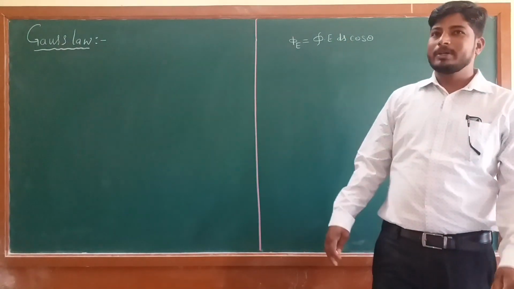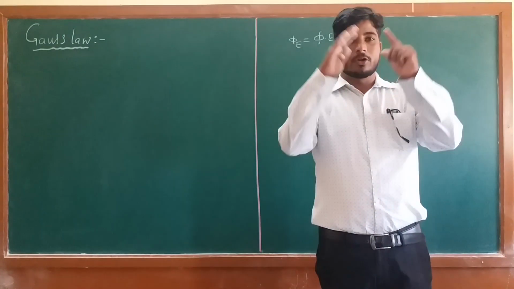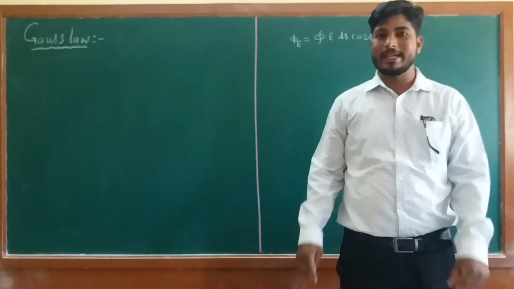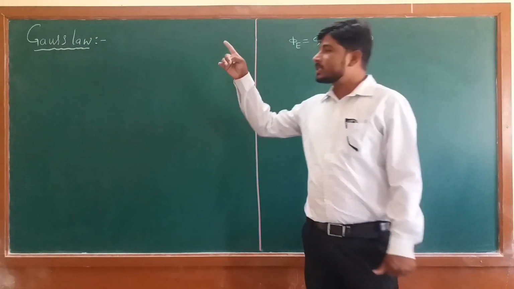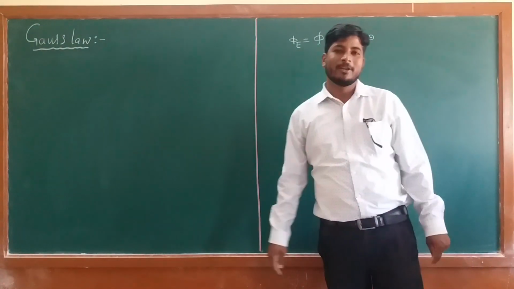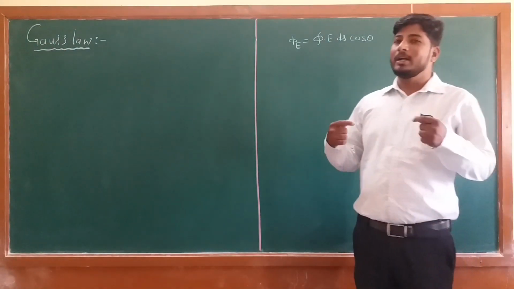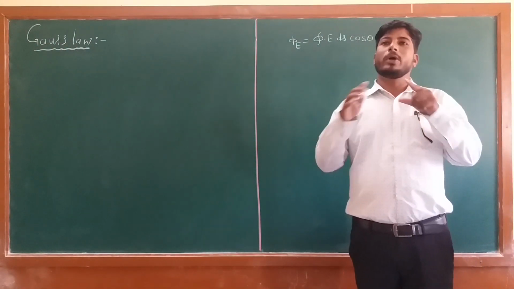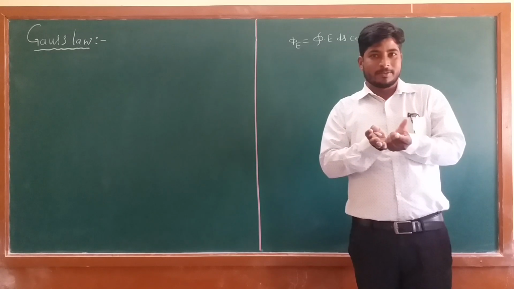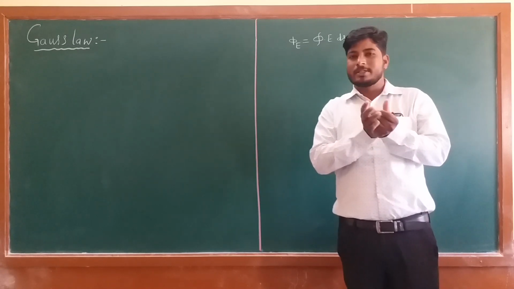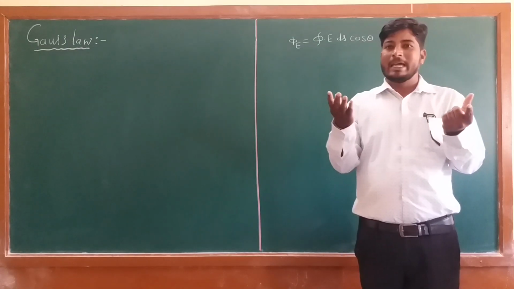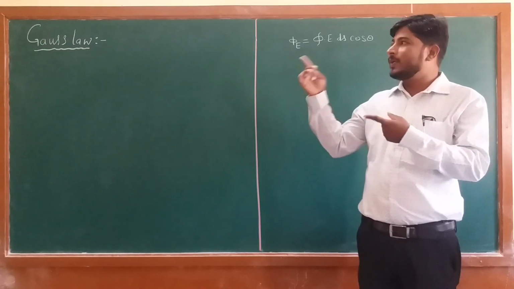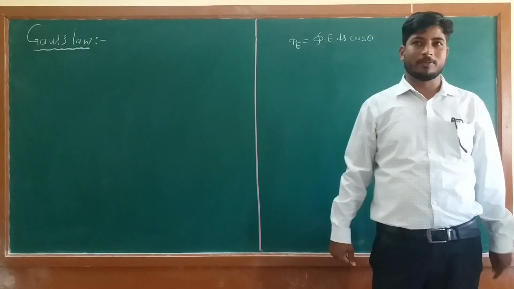Suppose the surface is closed, then we will use the Gauss law to find the electric flux. So to find the total electric flux through any closed surface, irrespective of its shape and size, we will use this Gauss law.